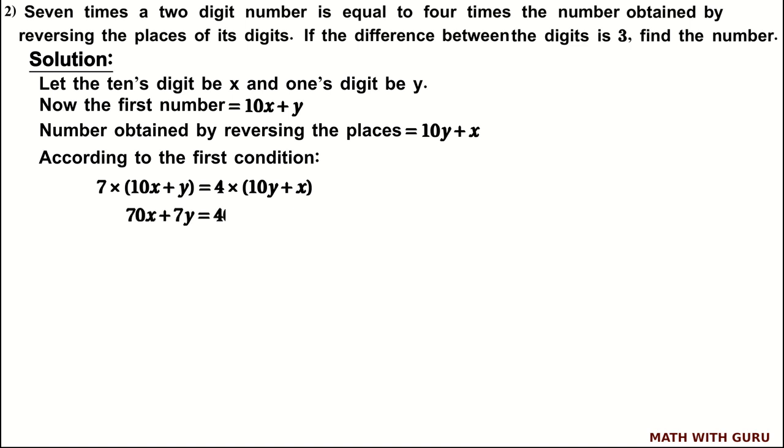Let us simplify this further by opening the brackets. 70x plus 7y equals 40y plus 4x.